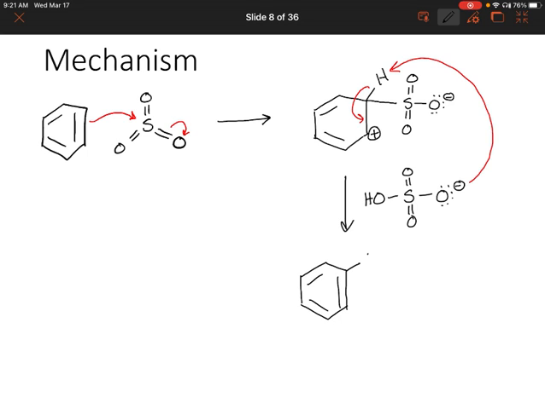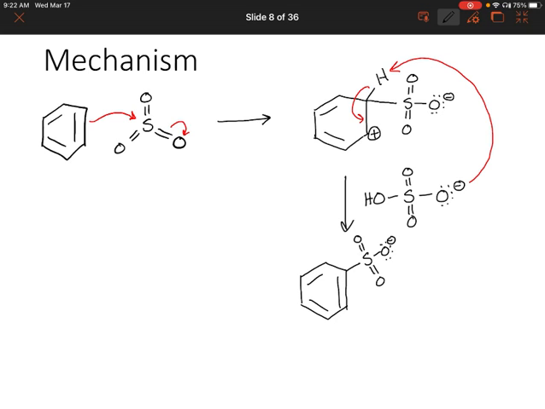Okay, so now we have our sulfur group on the benzene ring, but again, that oxygen on the right is still negatively charged.